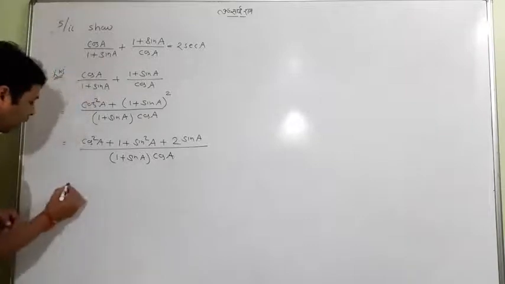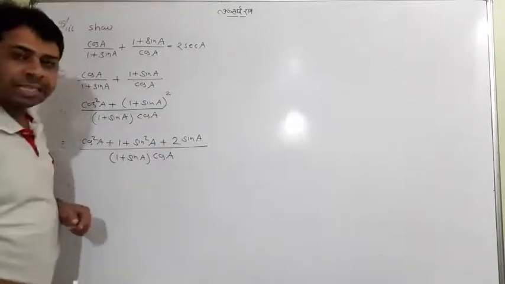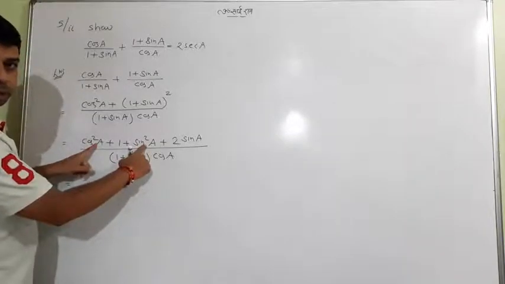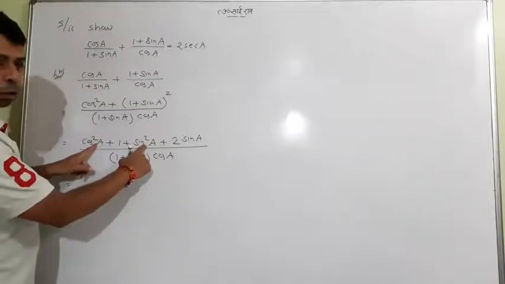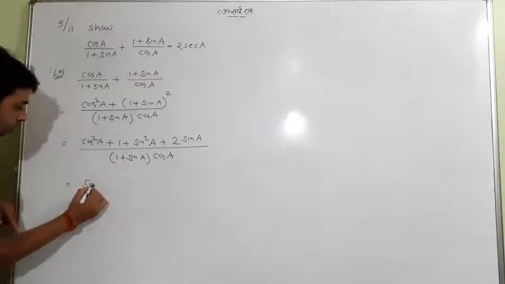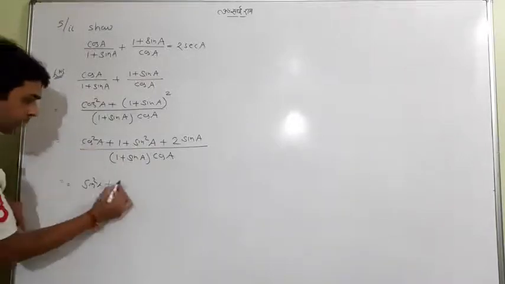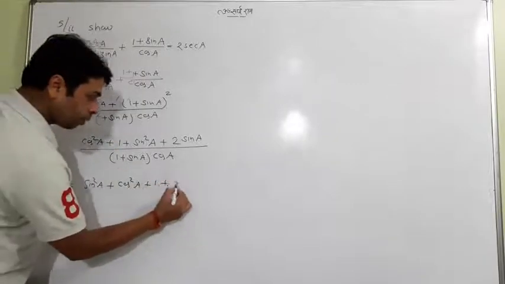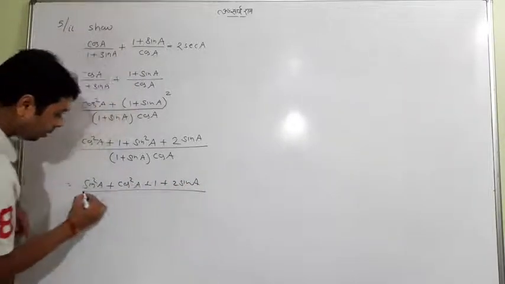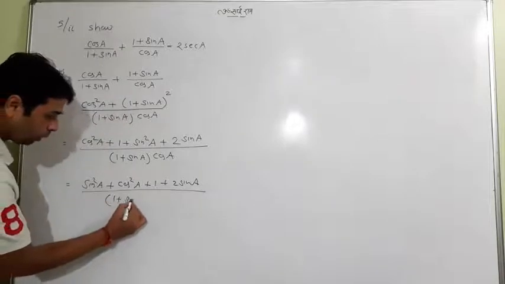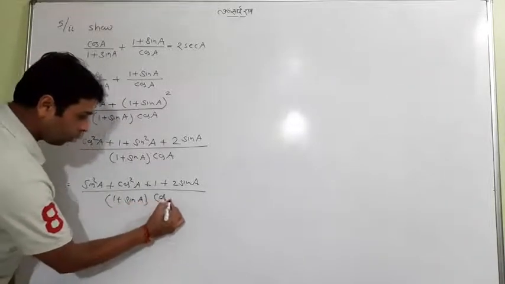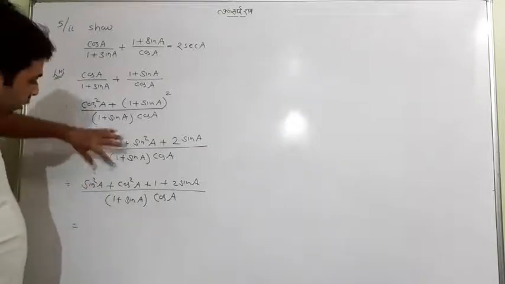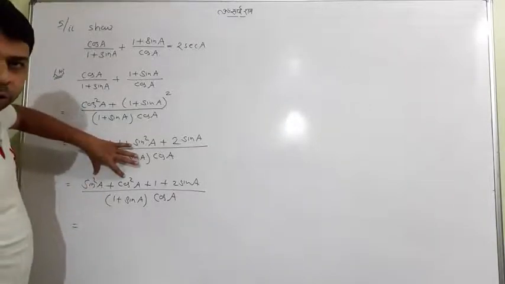What about the numerator term? If you see it carefully, these two terms we are having, I want to write them together: sin square A plus cos square A plus 1 plus 2 sin A upon 1 plus sin A into cos A. If you remember the identities, students, sin square A plus cos square A is equal to 1.